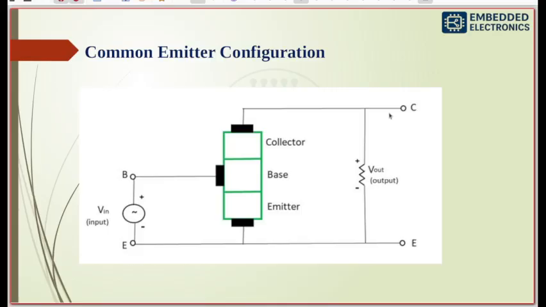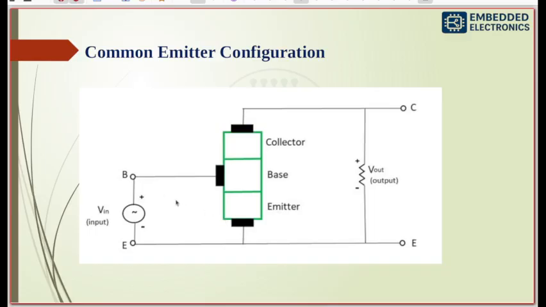The voltages of CB and CE configuration are related by VCE equals VCB plus VBE, or VCB equals VCE minus VBE.